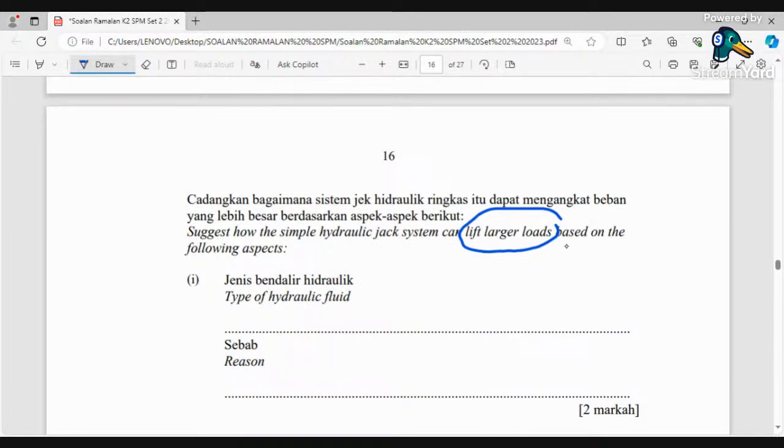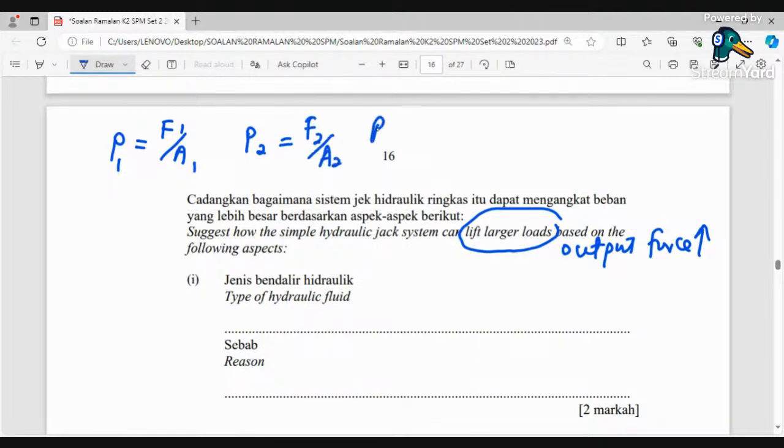Kalau larger load means output force is higher. Okay, back to the Pascal principle, basic formula ialah F divided by A. Means you apply force at piston 1, it will produce output force at piston 2. The pressure transmitted uniformly, okay, at piston 1 and at piston 2.